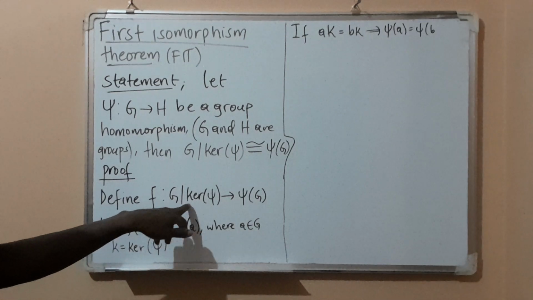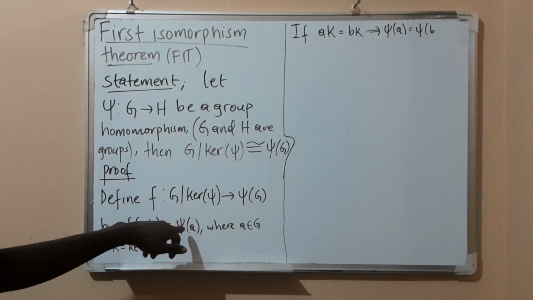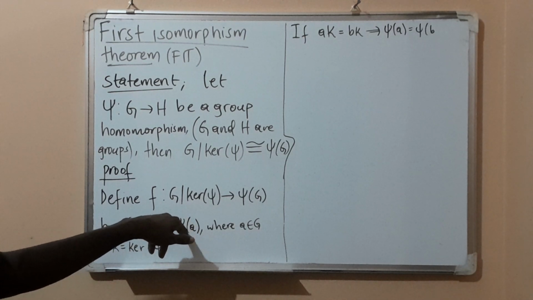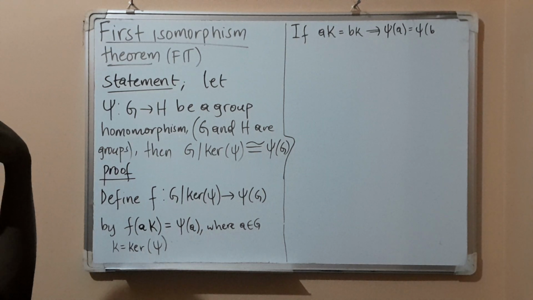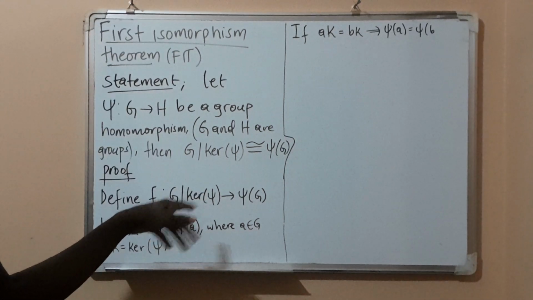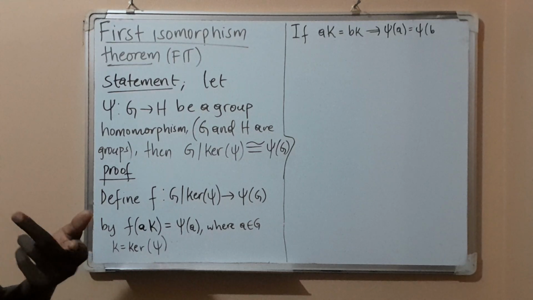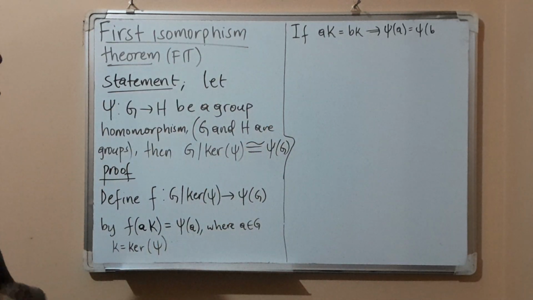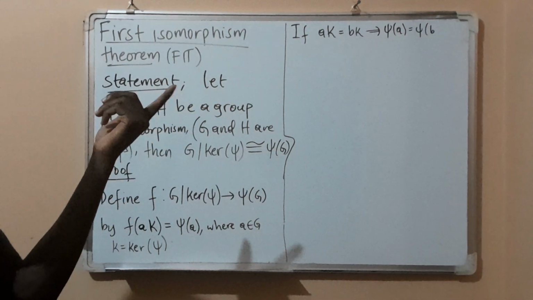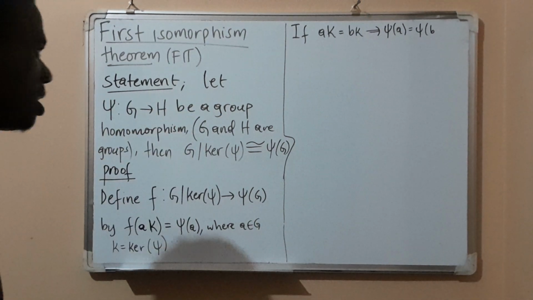If two elements are the same here, then the image of a must be the same as the image of b. So if we are able to prove that, then the map is well defined.